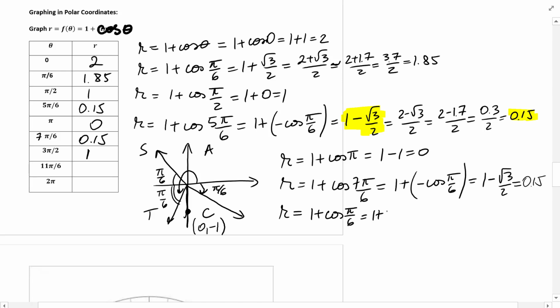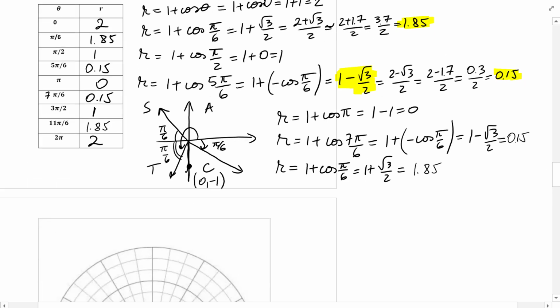So we get 1 plus square root of 3 over 2, which we calculated before, so it's 1.85. And then going back to 2 pi, 1 plus cosine of 2 pi is 1 plus 1, so it's 2.